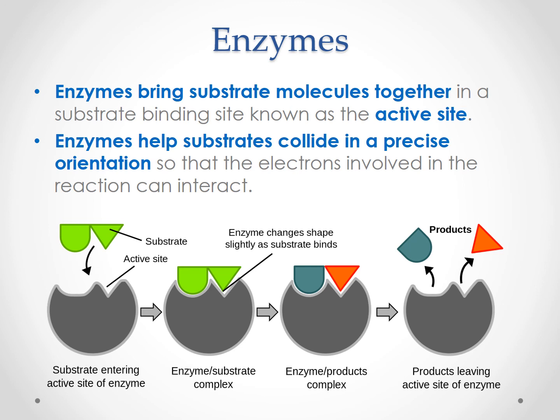With the enzyme, there's only one substrate that can bind the one active site. The enzymes are going to help the substrates collide in a precise orientation, and they will enter the active site in a very precise manner and interact with one another to facilitate the bond formation.